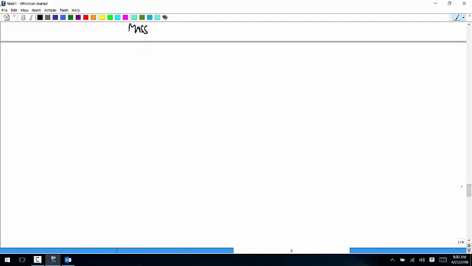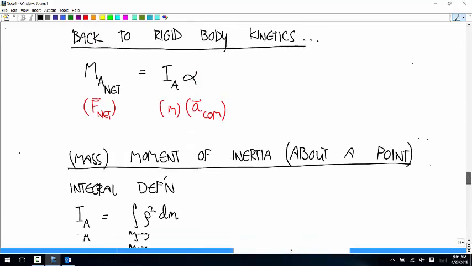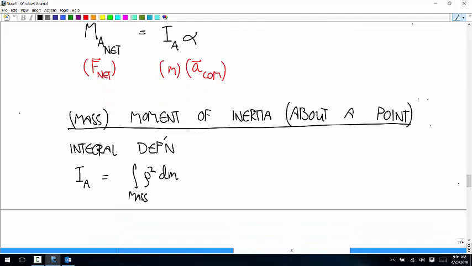I did do one derivation. What was it for? A rectangle? Circle? I did a derivation last time, right, of the mass moment of inertia. I think I did, but you're not going to ever have to do these derivations.